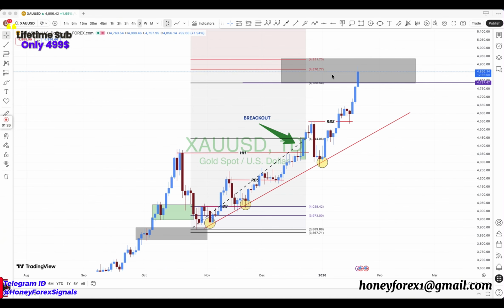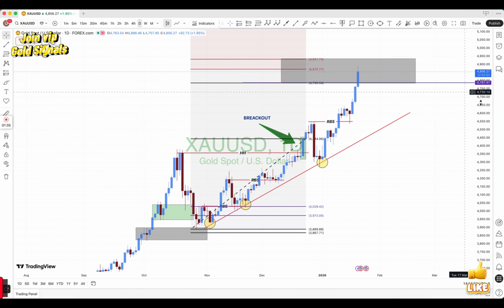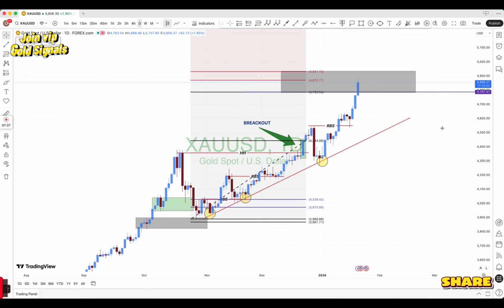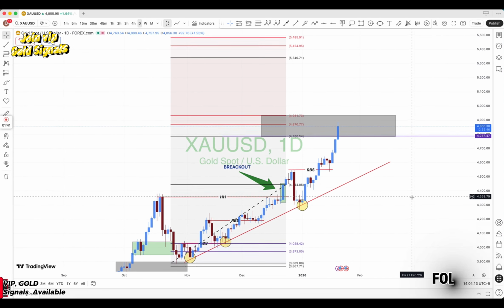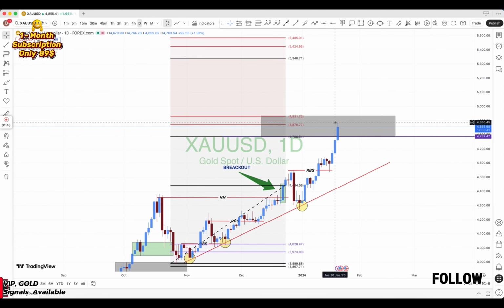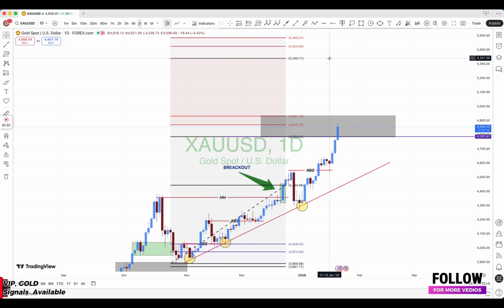This area now, this is our reversal zone of gold chart. But if market pass this area, then next target will be 61 reversal zone of Fibonacci 5340, 5424, 85.